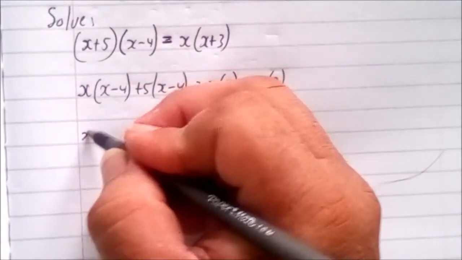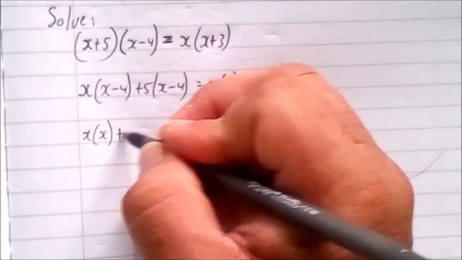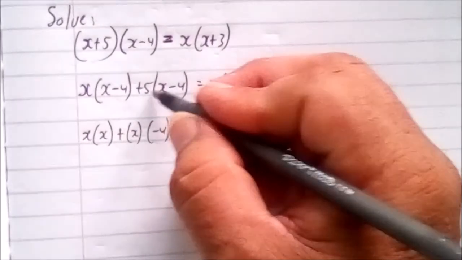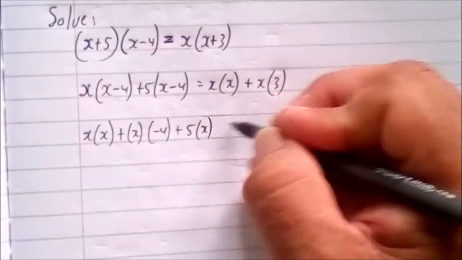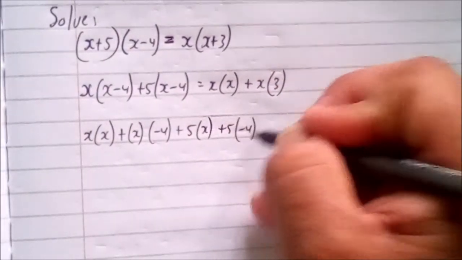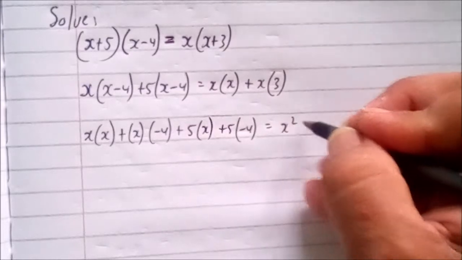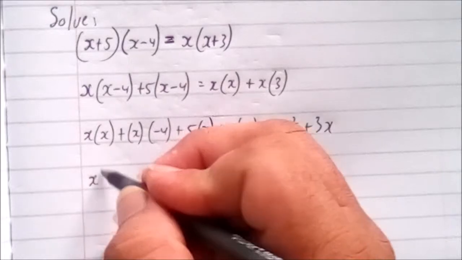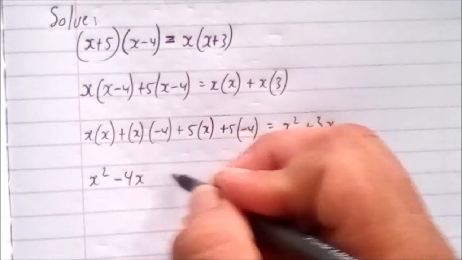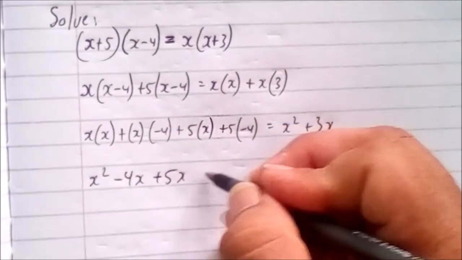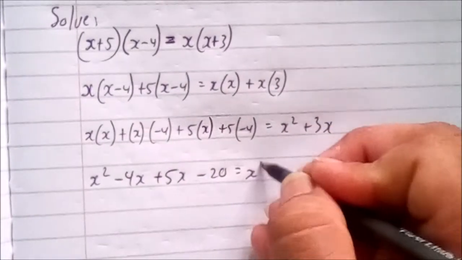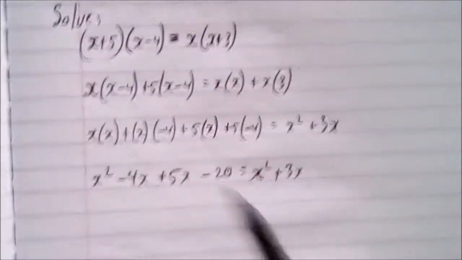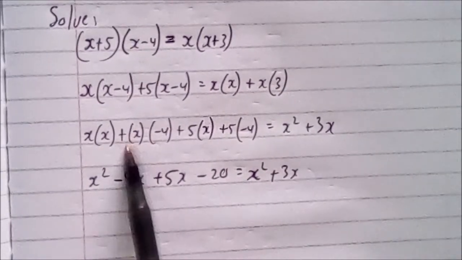Likewise here, x times x plus x times negative 4 plus 5 times x plus 5 times negative 4 equals x squared plus 3x. Here we end up with x squared minus 4x plus 5x minus 20 equals x squared plus 3x. Remember, we have done multiplication of binomials, so this is what we are doing here, multiplying two binomials.